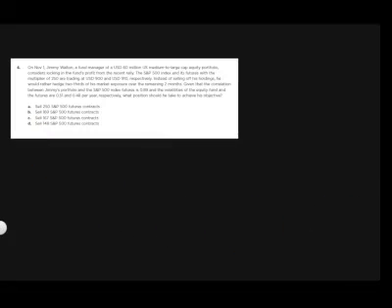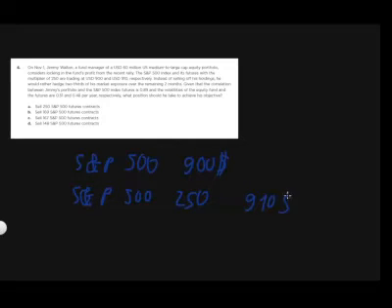So what we know from here is that we have a S&P 500 which is trading at $900, and we have S&P 500 futures with multiplier of 250 trading at $910.